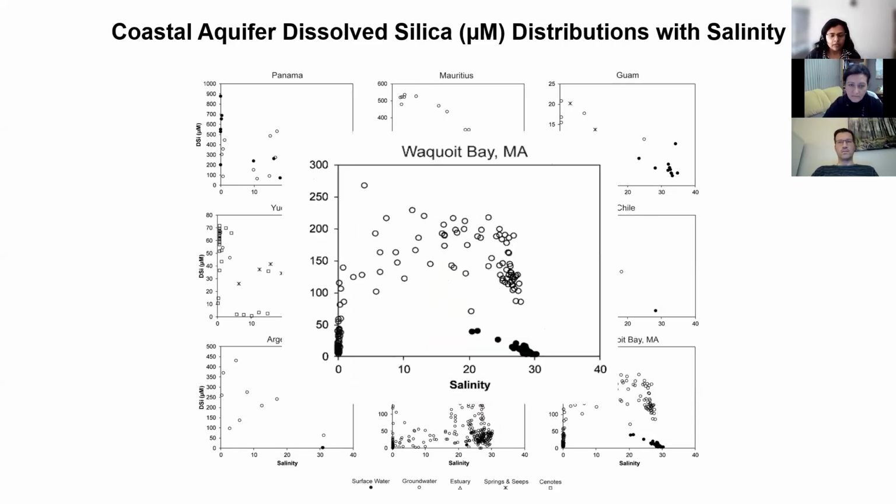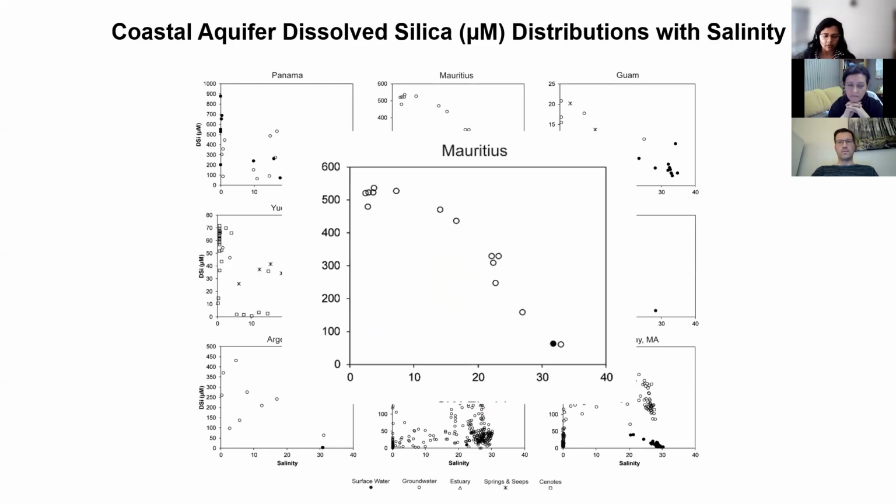Now, if you move on to something that has a more complicated lithology, like a glacial till, it's very clear that you see a non-conservative source of dissolved silica, and that these concentration distributions can't be explained by a simple mixing model between a fresh and a marine source, or terrestrial and a marine source.